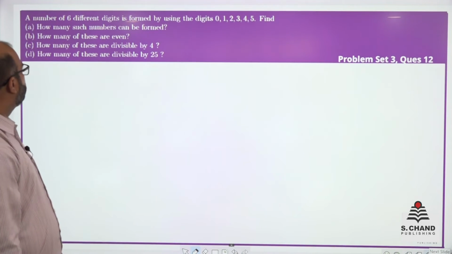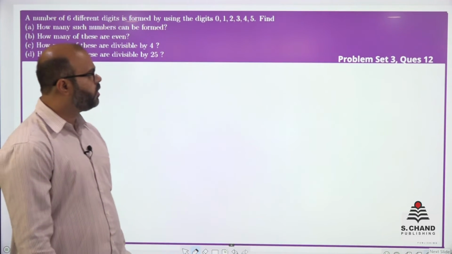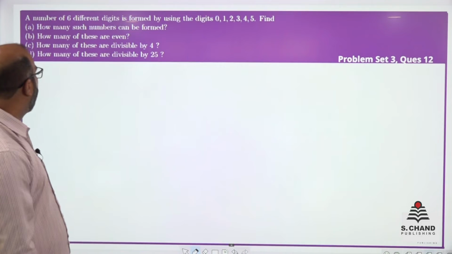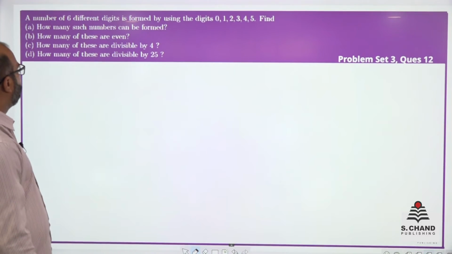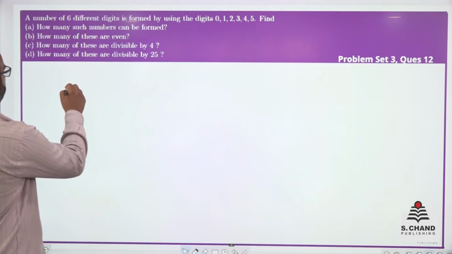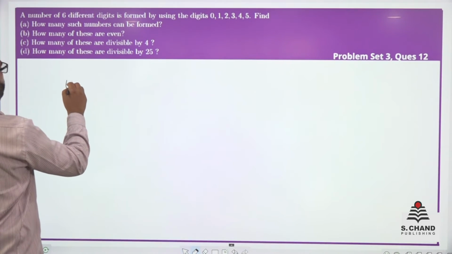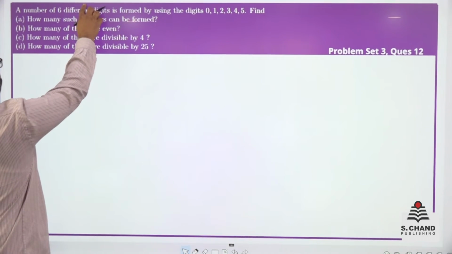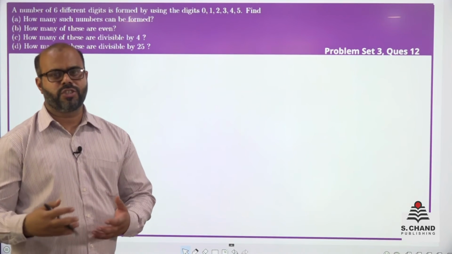Now let us come to the next question. A number of 6 different digits is formed by using the digits 0, 1, 2, 3, 4, 5. Find how many such numbers can be formed. This type of question is very frequent in competitive exams, depending upon the number of digits.